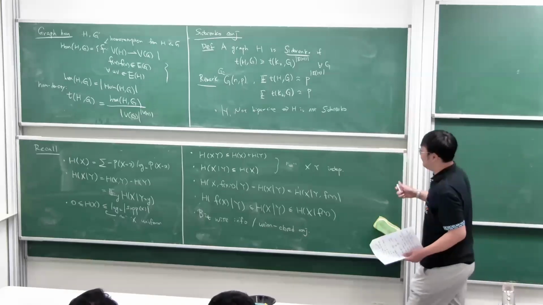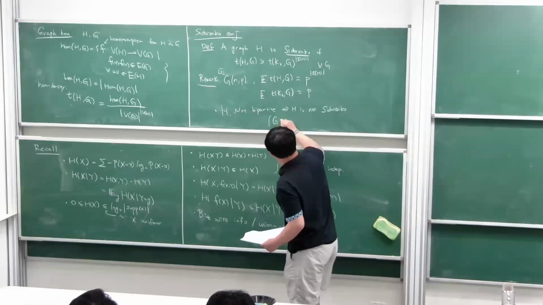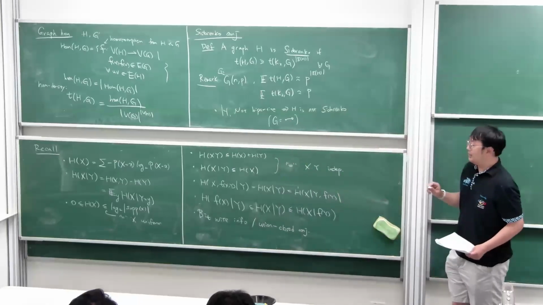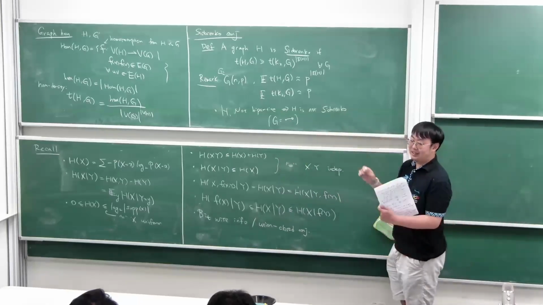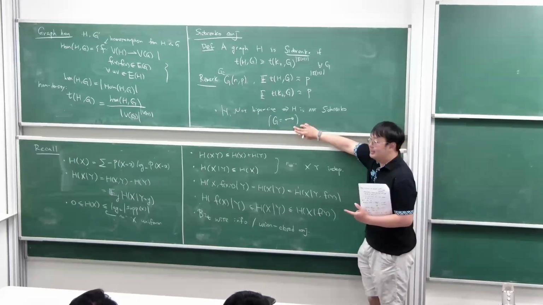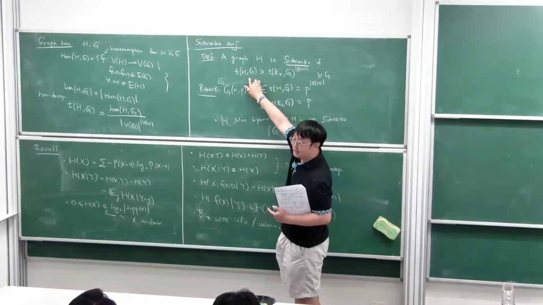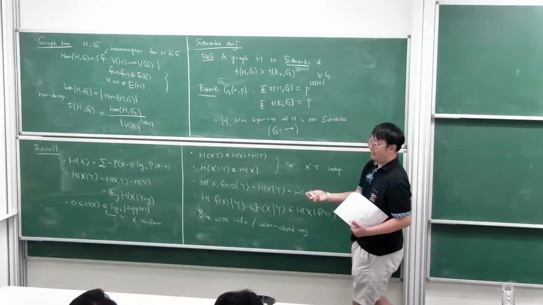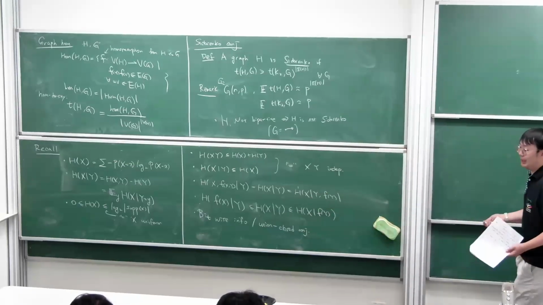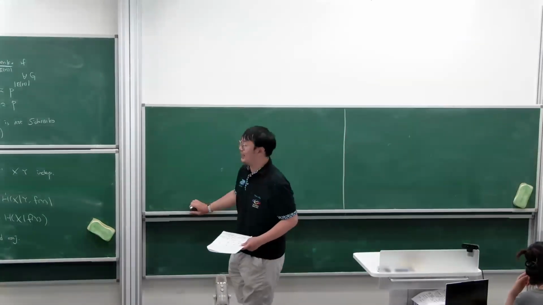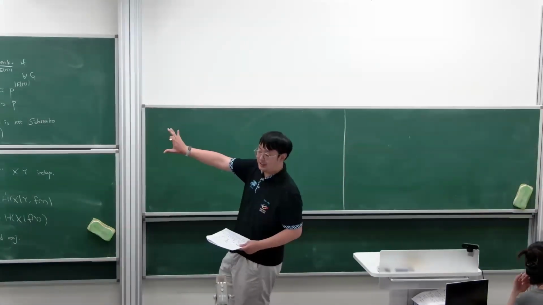Or you could simply take G to be just an edge. Because if H is not bipartite, there's no homomorphism from H to an edge, right? So the left-hand side of the inequality will be 0, but the right-hand side is non-zero. So you could never expect anything if H is not bipartite. So there is a famous conjecture by Sidorenko saying that this is the only barrier.